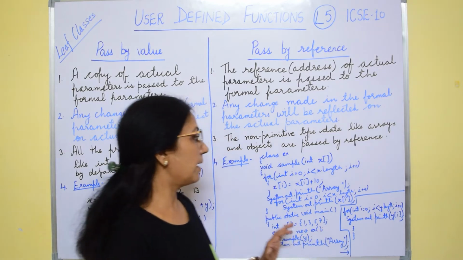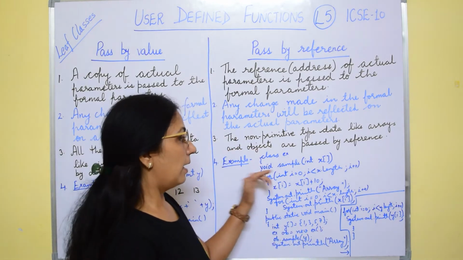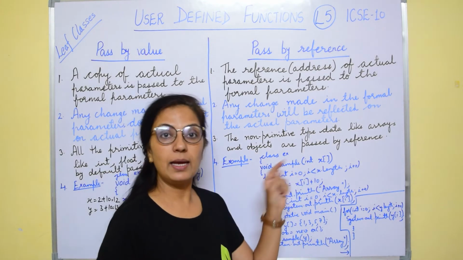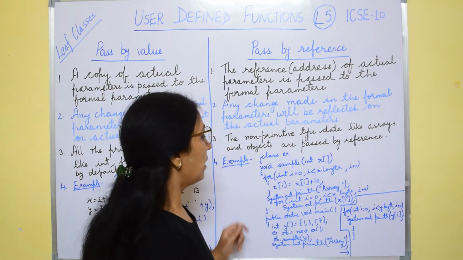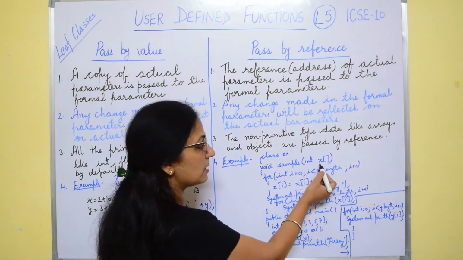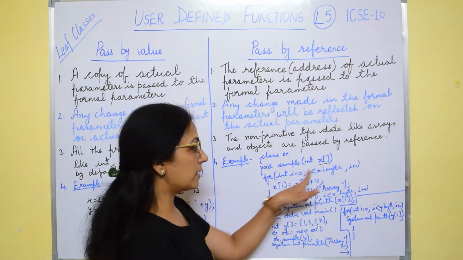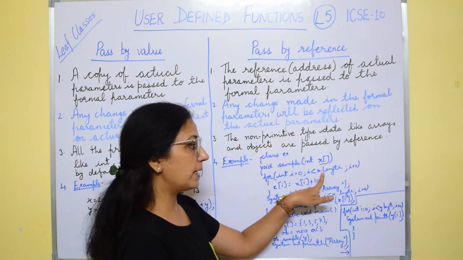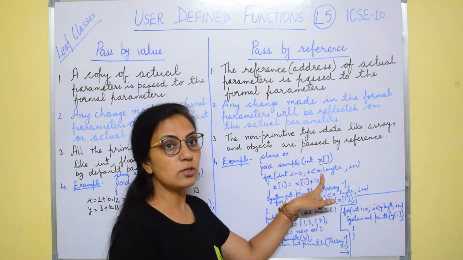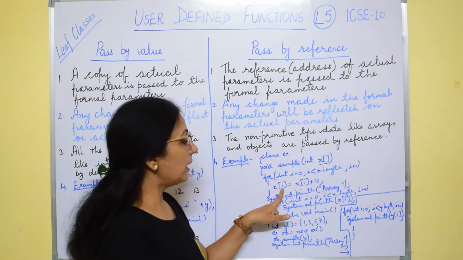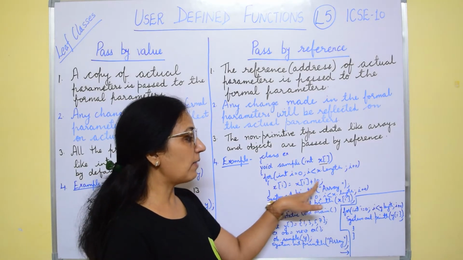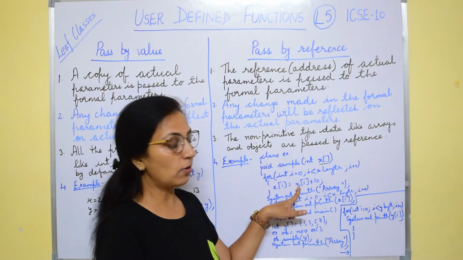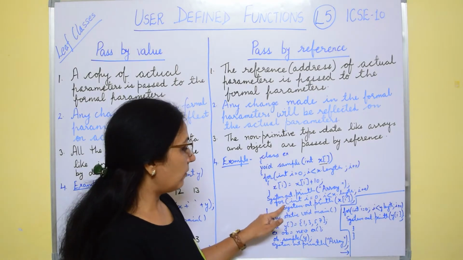Now let us come here. Here I have taken one array. All of you know that an array is a non-primitive data type. Now here it is receiving one array x, and we have calculated the length, that is the size of the array, and for each element, 10 is added to the present value of that array, and then we have printed.